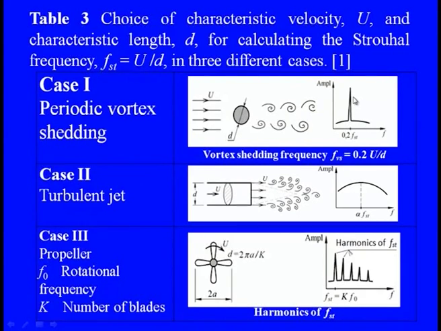It is a dipole excitation, and we can get the vortex shedding frequency as just 0.2 times U by D, because ultimately we are assuming that this much conversion is there to excite the system.